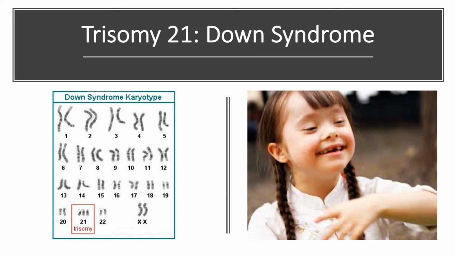So here's an example of a karyotype indicating a syndrome called Down syndrome, or trisomy 21. It's called trisomy 21 because you have 3 21st chromosomes. This is one of the most common chromosomal abnormalities, mainly because it's survivable.